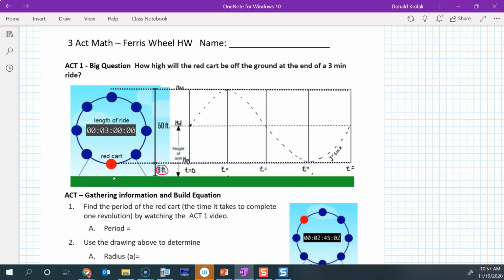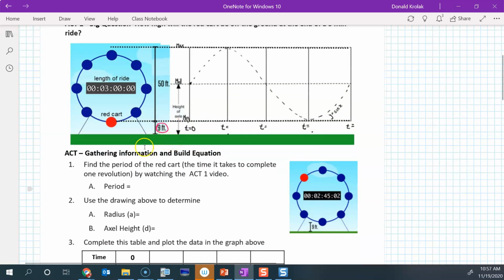And you're told that the diameter of this Ferris wheel is 50 feet. So from those values, you're going to have to figure out what the highest point is, what the middle is, and what the lowest point is. Okay. All right. So that's sort of the scenario of the cart.